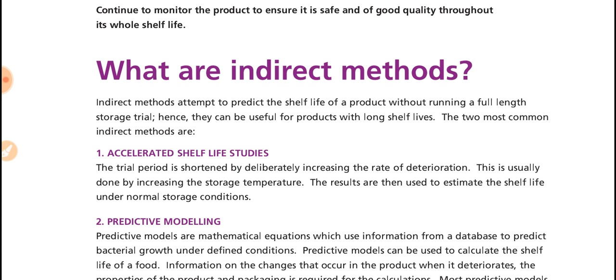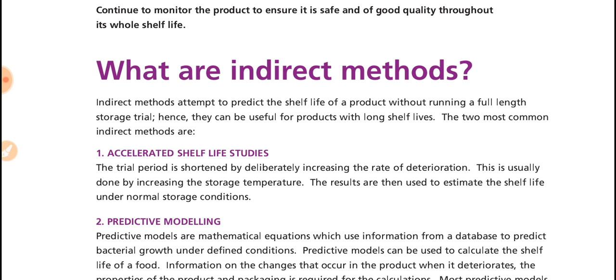We have to increase the rate of reaction deliberately. Knowingly, we have to increase the temperature. This is usually done by increasing the storage temperature, because if you increase the storage temperature, the rate of reaction is increased.